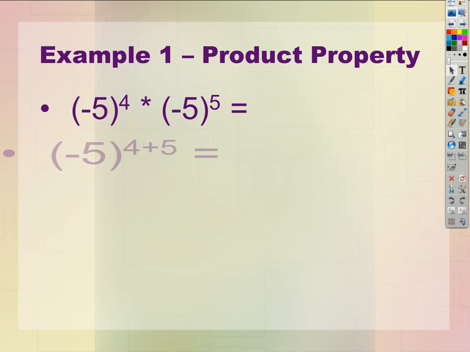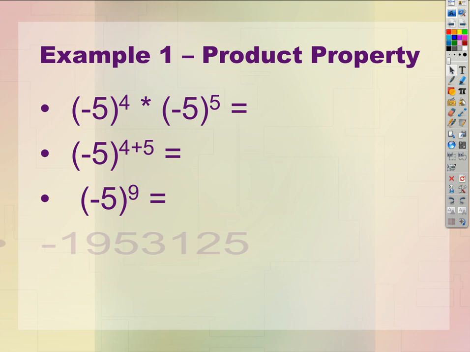So I've got the base, which is -5 to the 4 plus 5, so -5 to the 9th. And then if I actually do that, take the quantity -5. Remember, on a calculator, if you're taking a negative number to a power, you have to put it in parentheses. Okay? All right, make sense? It's a big number. Well, so this just means -5 times -5 times -5, 9 times.